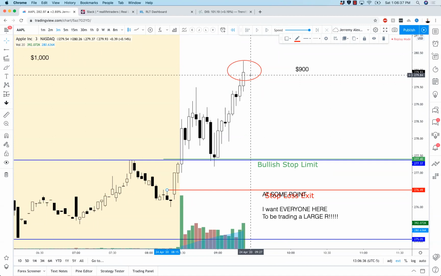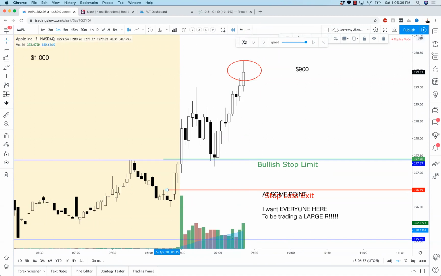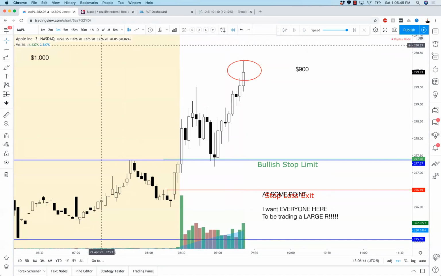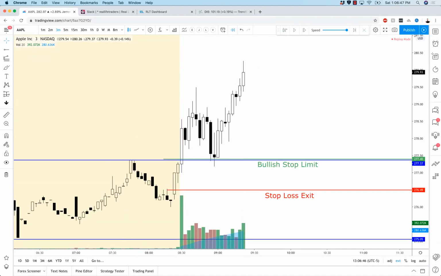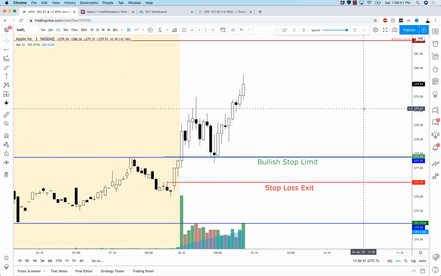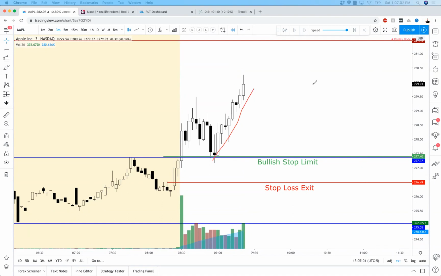Or imagine this for just a moment. Let us sink in to a little bit about greatness of money. Just imagine for a moment that you did this with a $10,000 risk unit. You could have made $9,000 in 30 minutes.